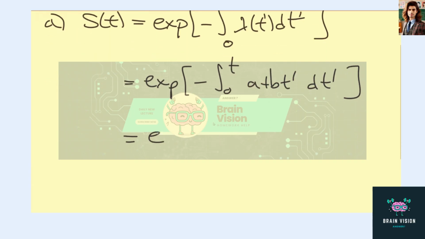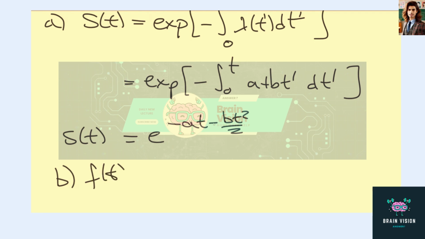So this is e to the minus at minus bt squared over 2. That's our survival function. And the probability density function, f of t, is minus d by dt of S of t.